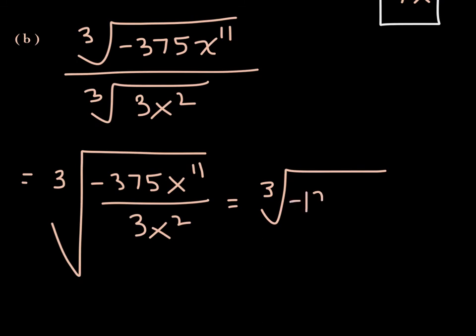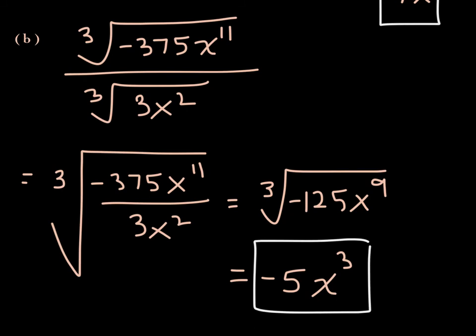And then I can use the quotient rule for exponents to say that x to the 11th divided by x squared is x to the power of 11 minus 2, that is, x to the 9th power. This is great news because negative 125 is a perfect cube. The cube root of negative 125 is negative 5, and 3 goes into 9 exactly 3 times. So the final answer is just negative 5x cubed. Isn't that nice? This complicated expression simplified to negative 5x cubed.